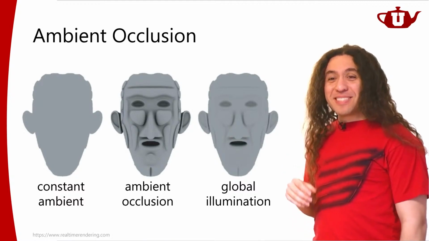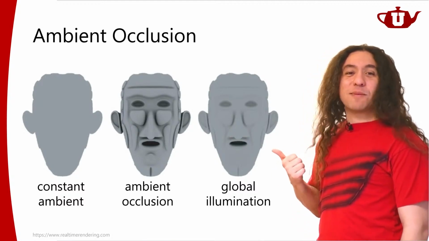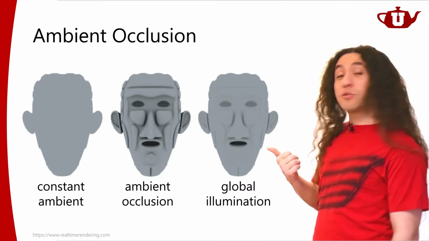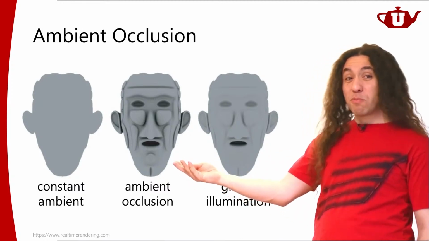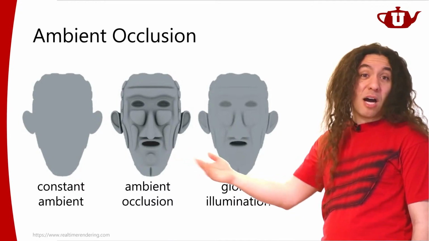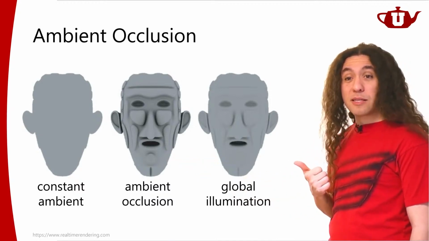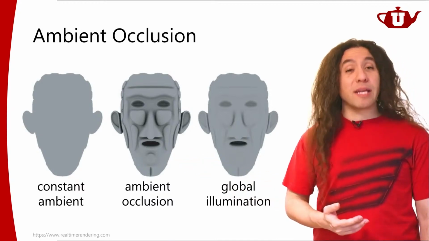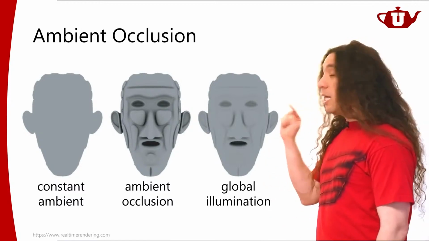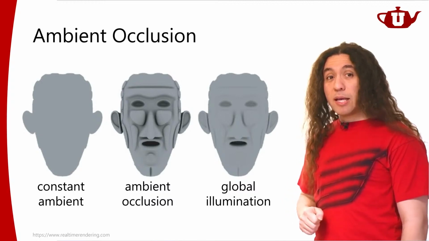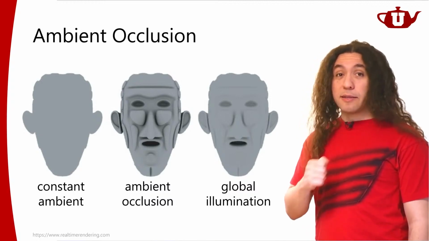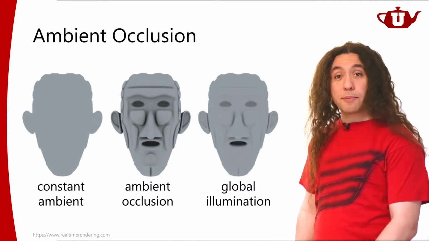So this is simulating what the light is supposed to do, but this is sort of an approximation. But this approximation looks arguably better than this one in this case, right? So the point here is that sometimes you might even prefer ambient occlusion. So don't underestimate it. It's actually a pretty powerful concept.